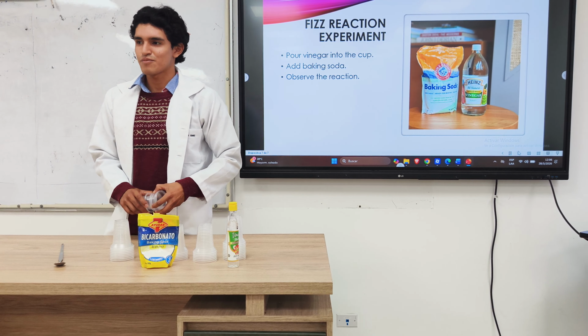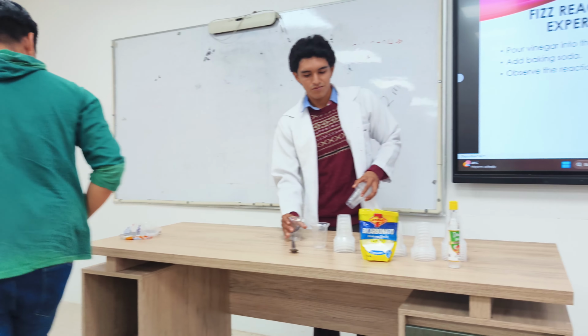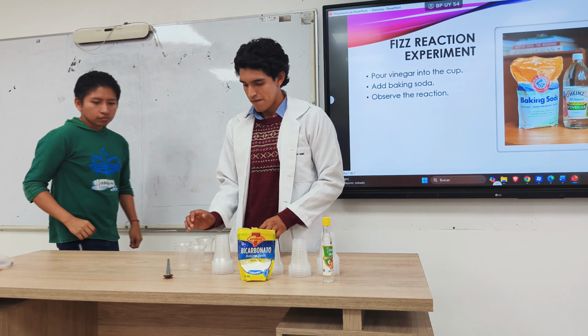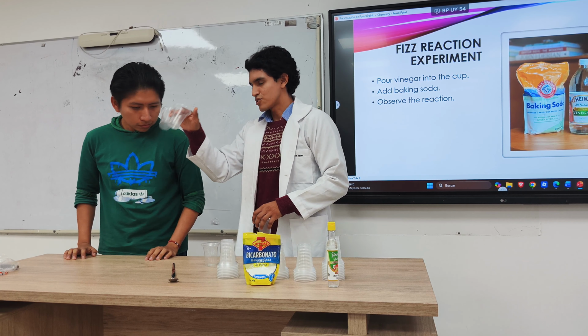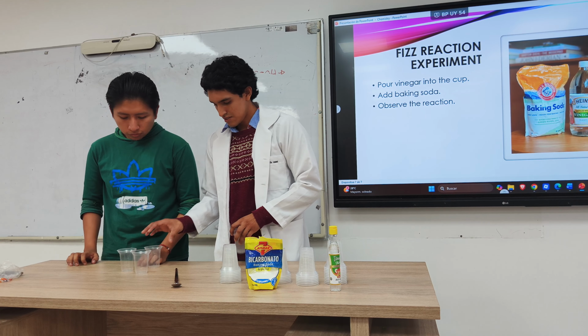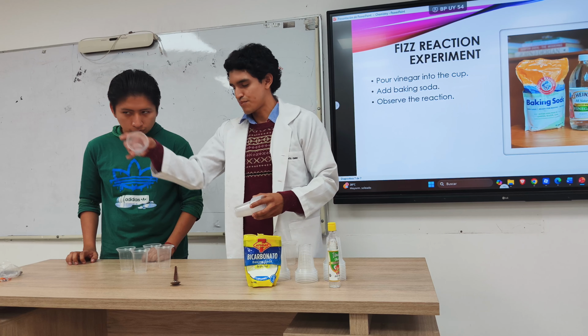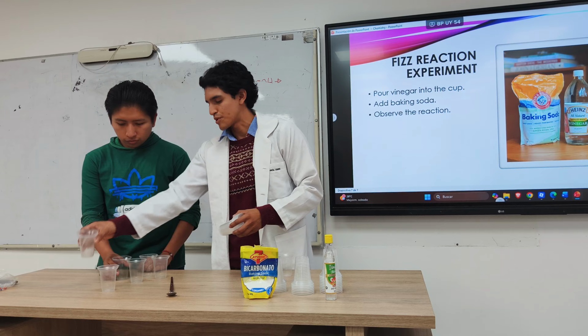Mr. Darwin, can you help me? We are going to share the materials. Right now I need two cups per partner, and then I'm going to give you the materials. Just pass the cups to your partner. Two cups per partner. Okay?